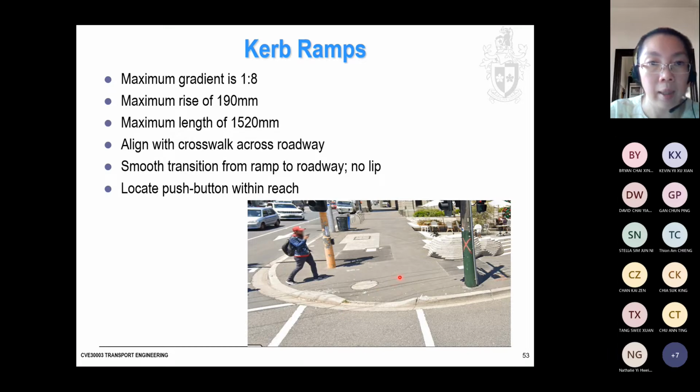Maximum rise of 190 mm, aligned with crosswalk across the roadway, and should have smooth transition from ramp to roadway, no lip. Locate push button within reach. So push button is here. This one I think is hidden from view.